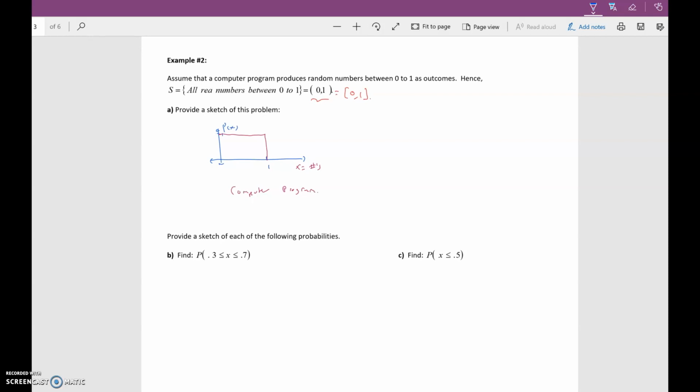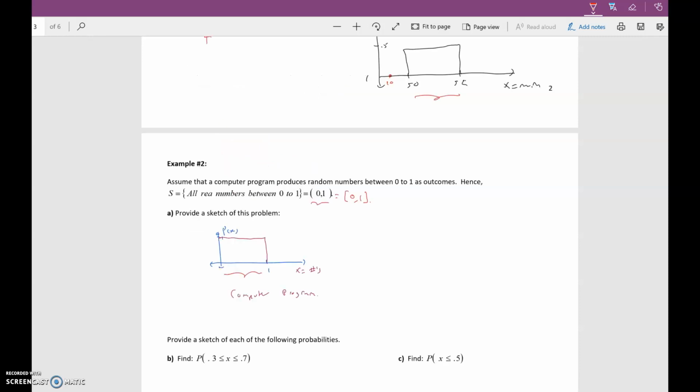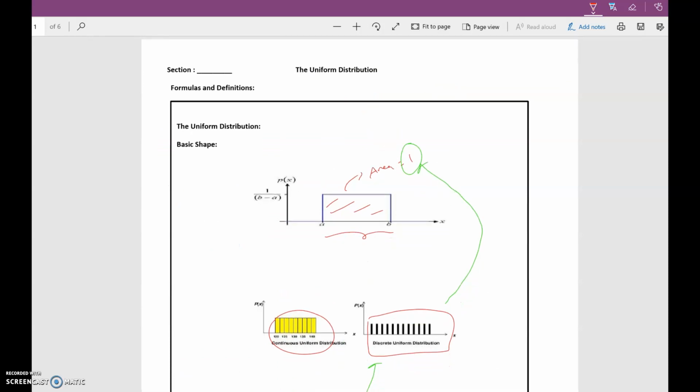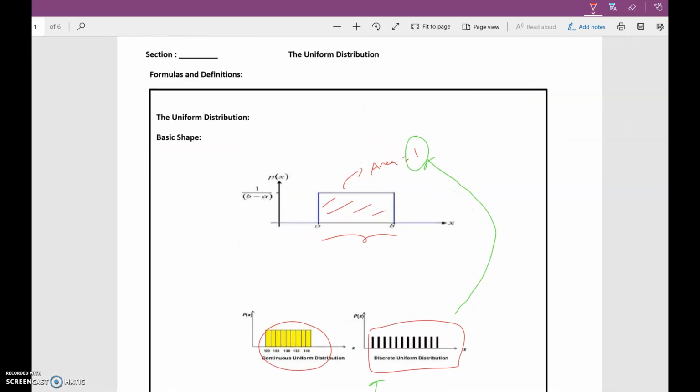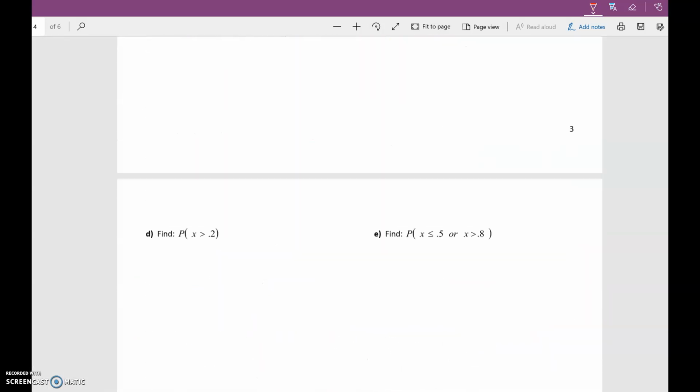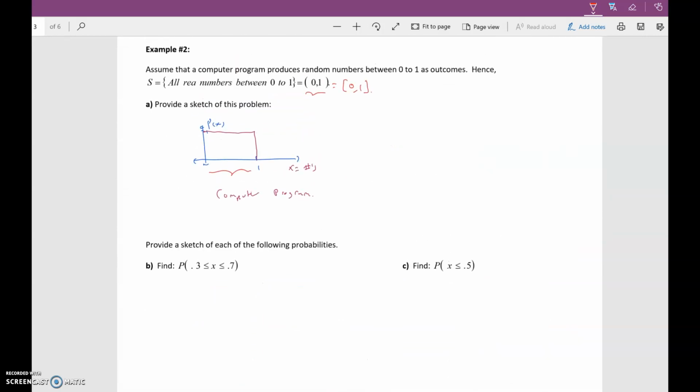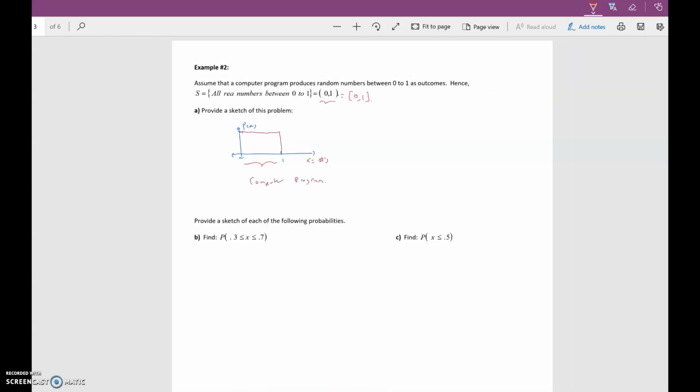It cannot give you anything on the outside, and more importantly, you have to include the edges, otherwise you don't have a square, since technically the distribution has to be some sort of a square or rectangle. Okay, so that's pretty much it for the distribution.